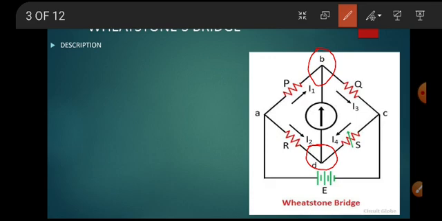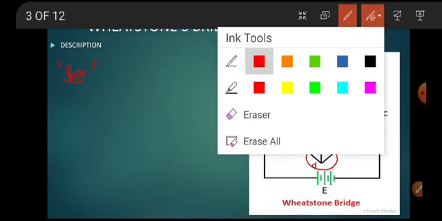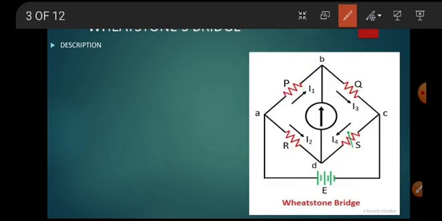So at junction B, the current I1 is going in, and Ig is going away and I3 is also going away. So I1 equals Ig plus I3 according to Kirchhoff's law.